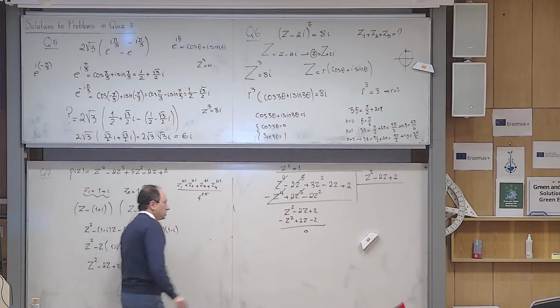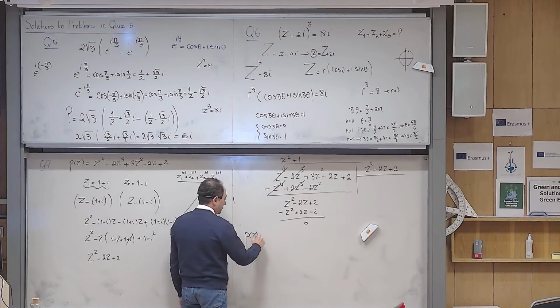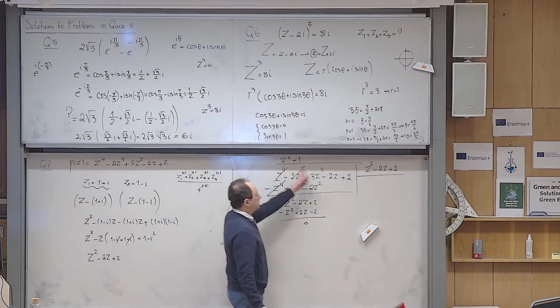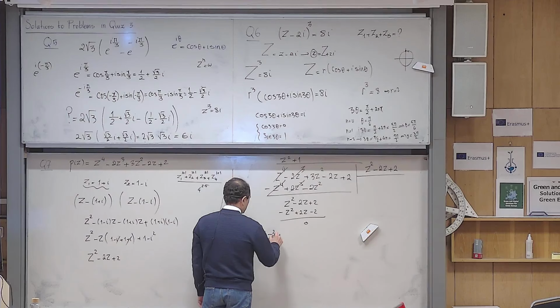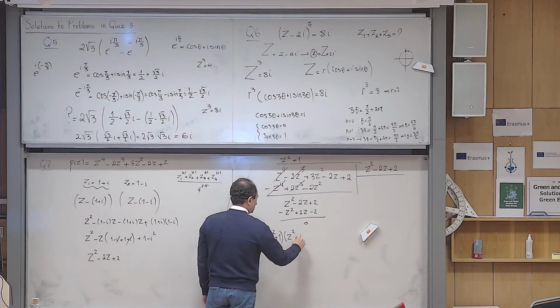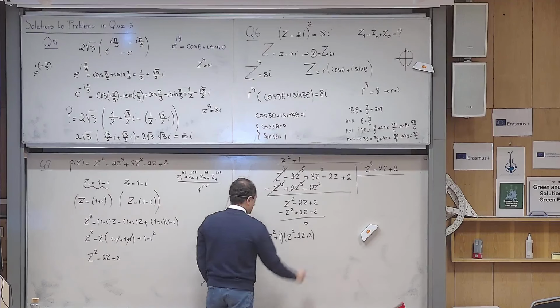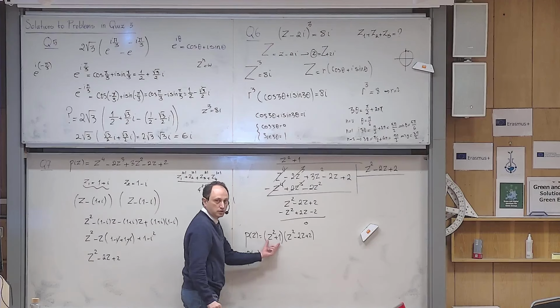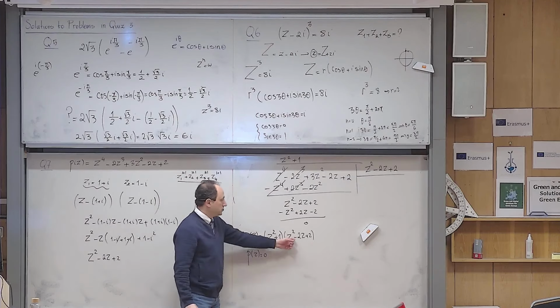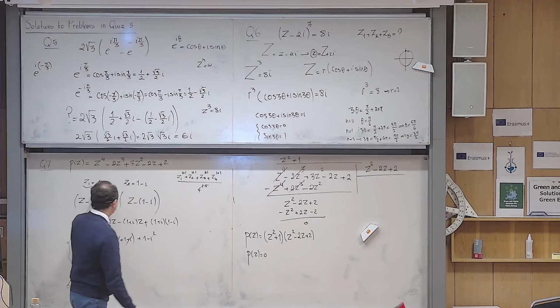Do you agree? Because the polynomial p(z) can be written as this expression multiplied by that expression. So p(z) equal to 0 means either this one is 0 or that one is 0. But this one is 0, I don't need to do it again because these are the roots.